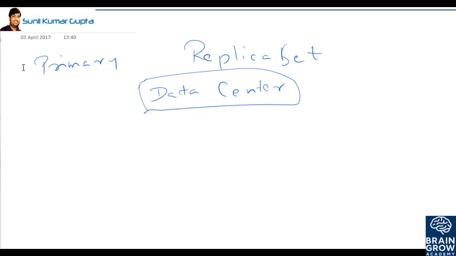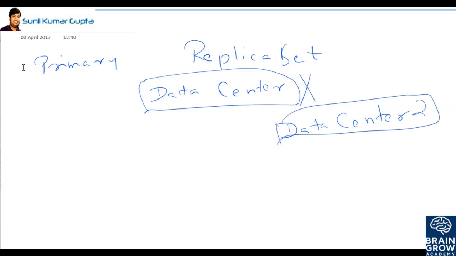So we need the ability to make the remaining members in the other data center or data centers elect a primary. We can have multiple data centers, so we have to make data nodes available in data center 2, so that data center 2 can select a new primary from its replica. If data center 1 goes down, data center 2 can take over and select a new primary.